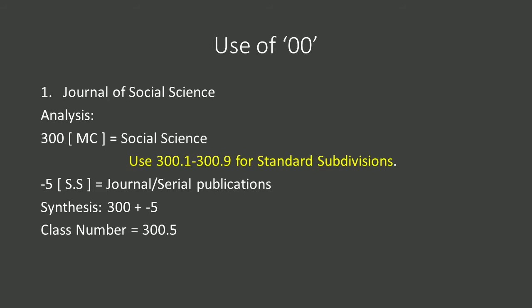Under social science, here is the instruction for using the standard subdivision. The instruction is use 300.1-300.9 for standard subdivision. The notation 300 is for social science and .1-.9 is for standard subdivision.